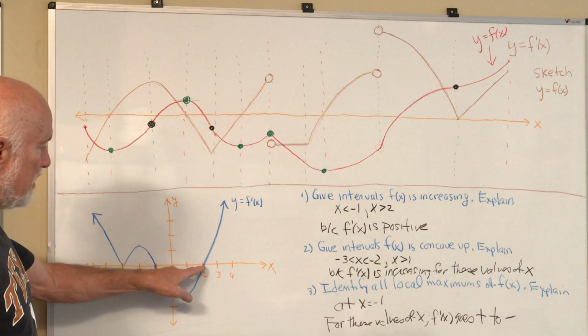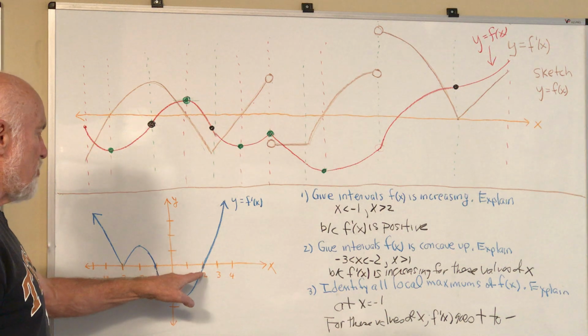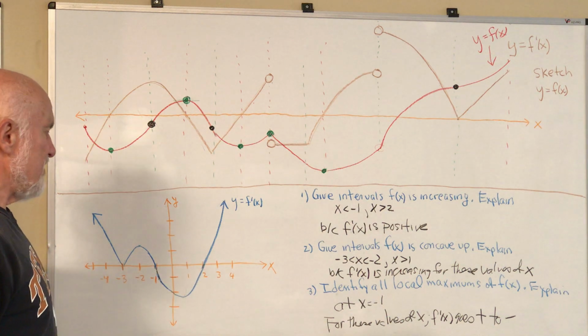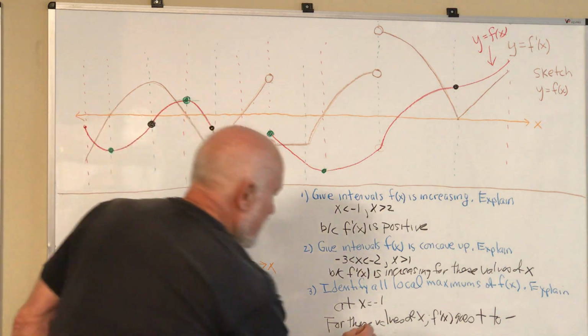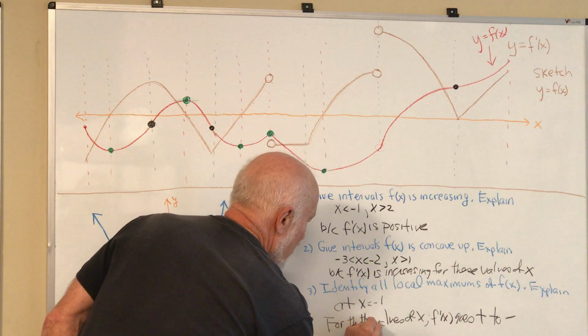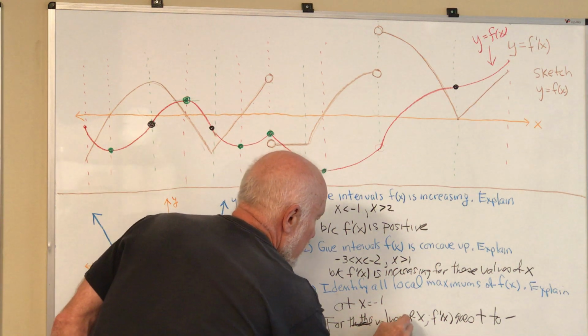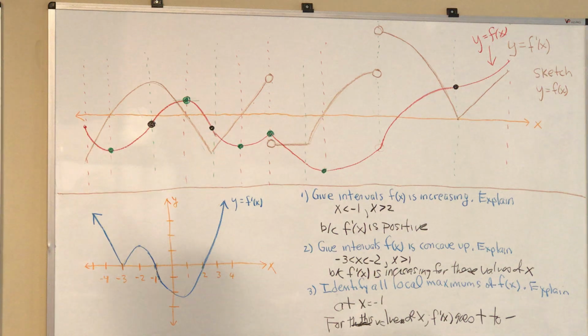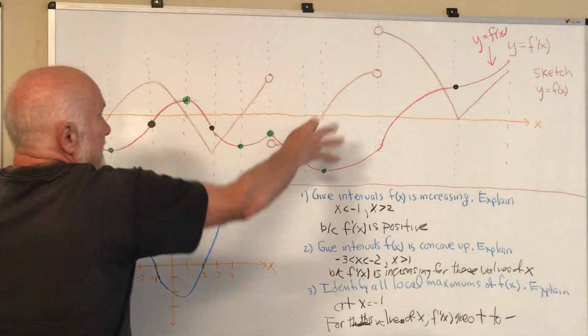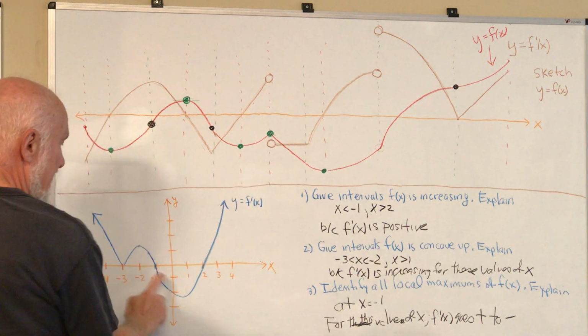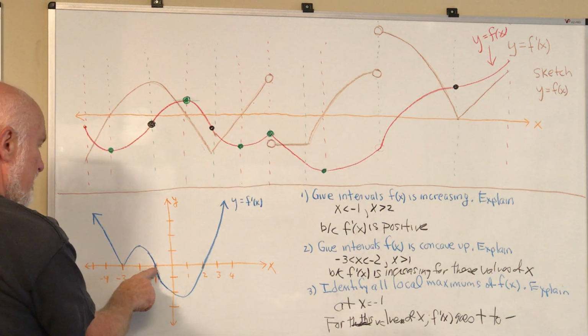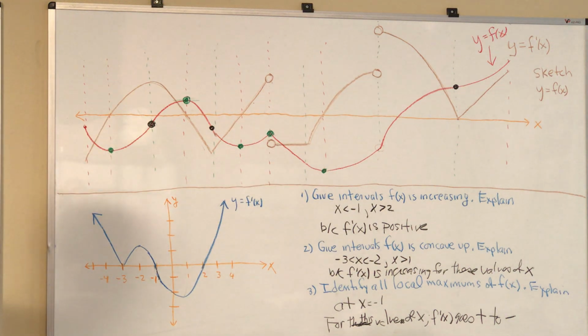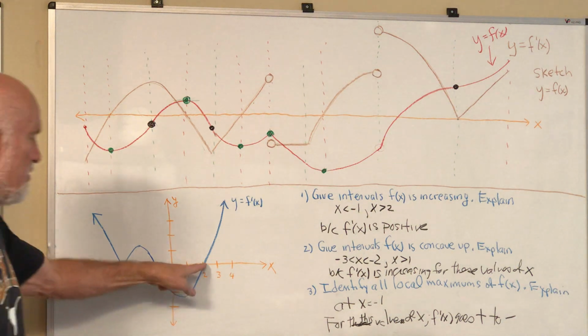That would be a local minimum at 2 because it's going from a negative to a positive. So for this value of x, f prime of x goes from positive to negative. So we knew if we were to graph the actual function, right here we have a local maximum. And right here we would have a local minimum.